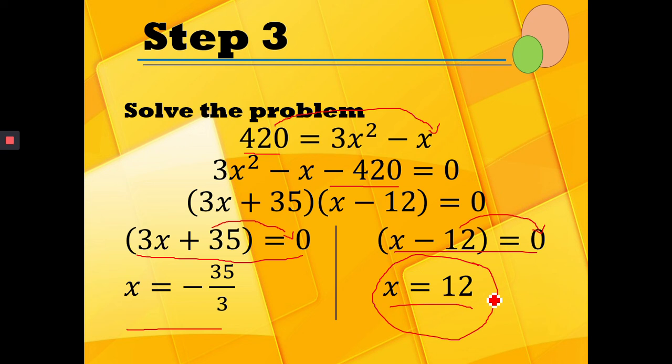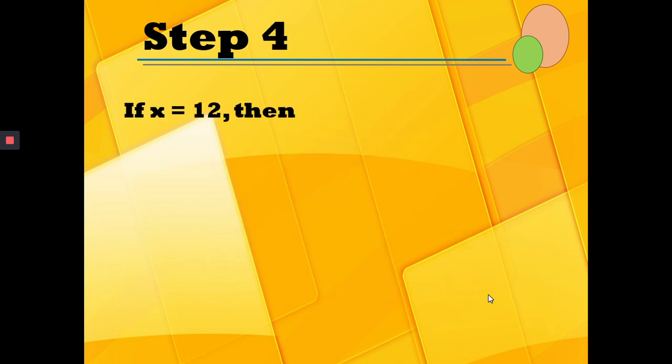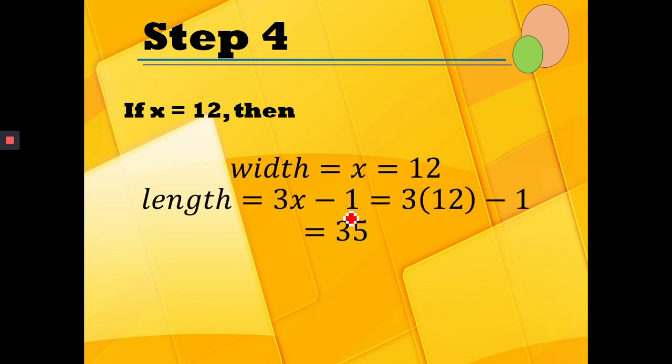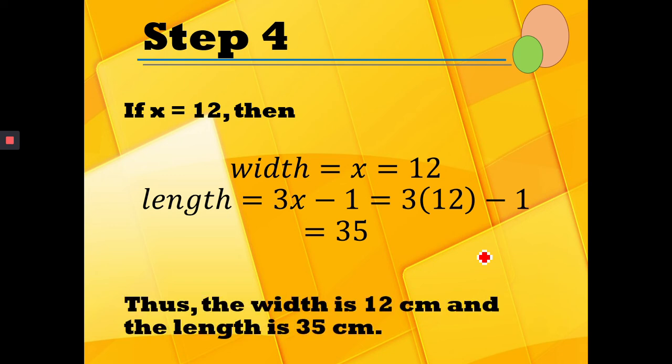Okay, for the last step, that is step number 4. So, if x is equal to 12, then, of course, width is equal to 12. And then, 3x minus 1, that is the length. So, 3 times 12 is 36 minus 1, 35. Therefore, the width is 12 centimeter and the length is 35 centimeter. Don't forget to write centimeter.